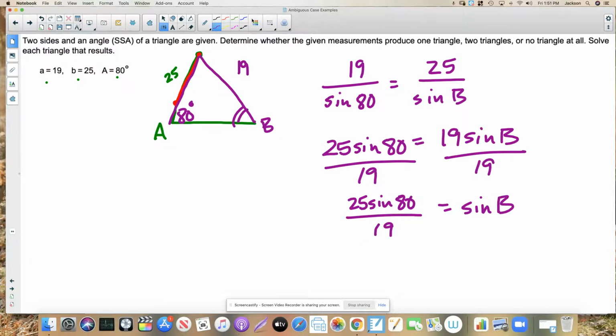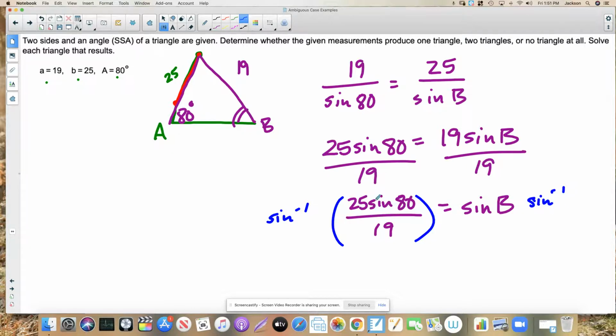And just for kicks, what are we going to do next? We're going to have to solve for B. So we know we're going to have to take the inverse sine to get B by itself. So let's take the inverse sine of this, okay? Side note, I know I mentioned this before in class and in some videos, trigonometric packages like this represent a number.